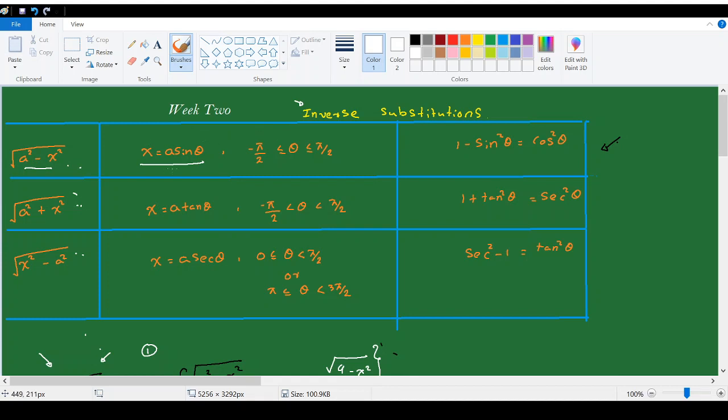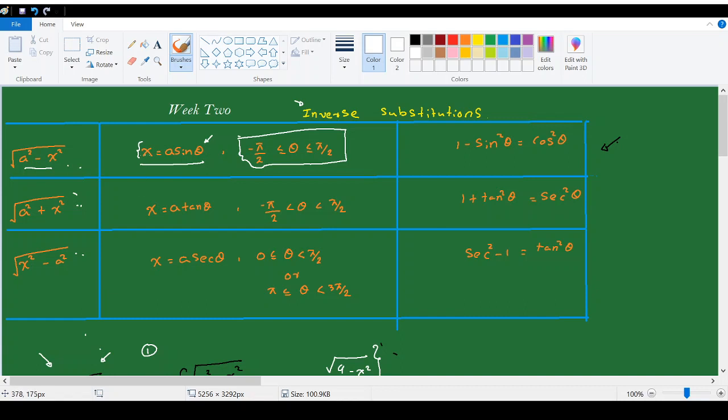When we use this substitution, here we have a theta, and this is the original term. Now this theta we consider to fall under this range. You will see why this is important when we are solving the problem, so for the time being, just bear with me.